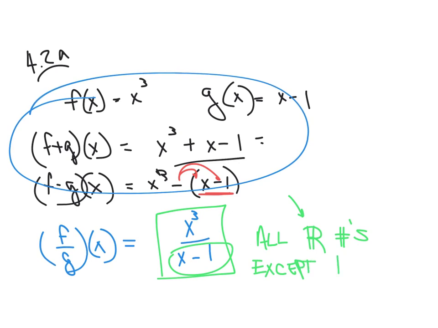Because if x is 1, 1 minus 1 is 0. So whenever they ask you for the domain, what are the possible values for x? And you've got a division here, it would be all numbers except 1. Now this one would be all real numbers, not even a problem. But here it's all real numbers except 1, because that would give us a problem.